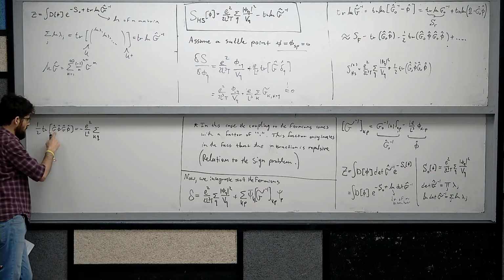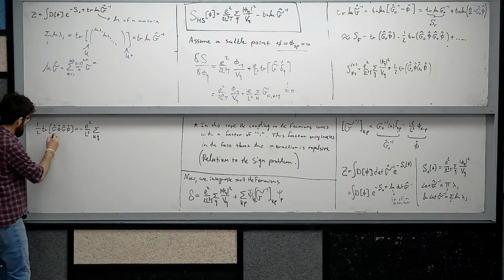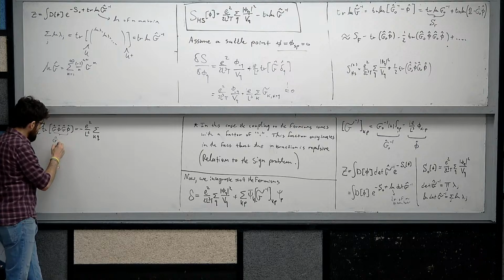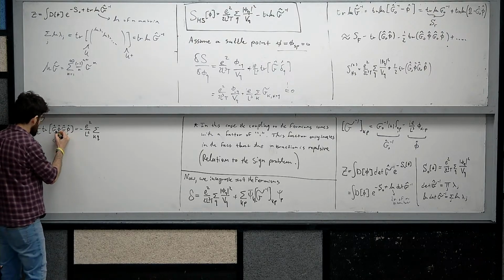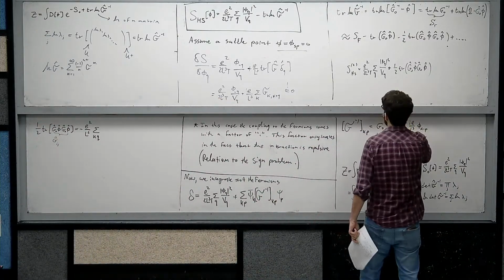So, these are like matrices. Let me just write it first. If I just multiply these matrices, this is like G_ij. By the way, this is G naught. Important, G naught.